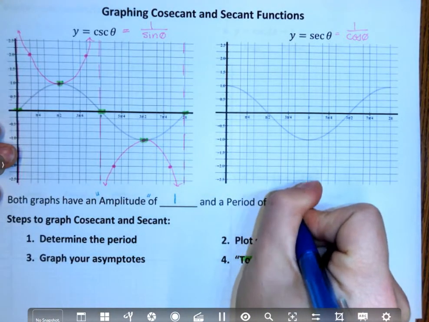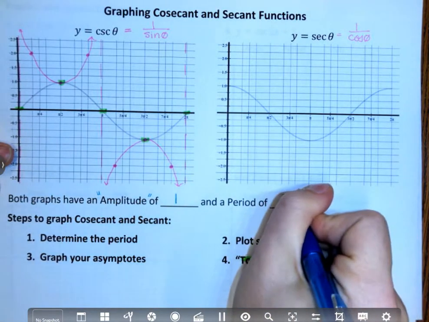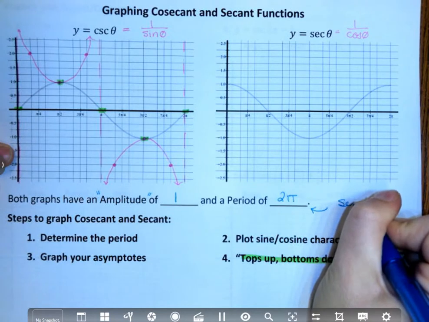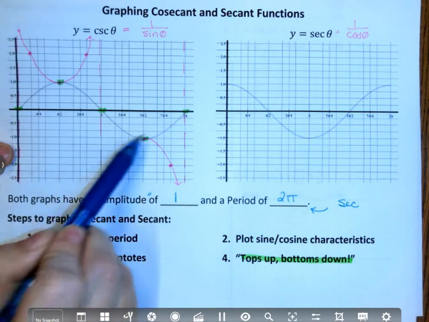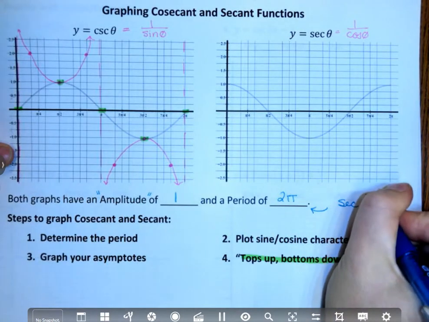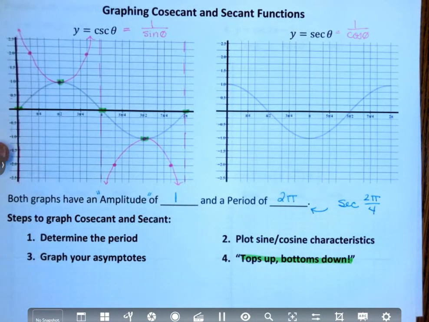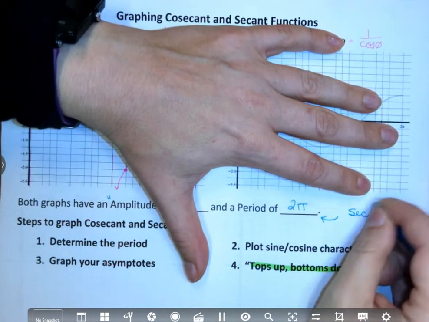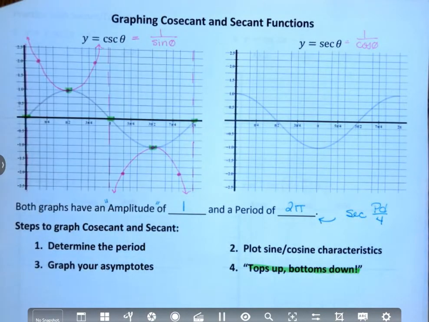So we're going to have the same thing for the cosecant and for the cosine. Which means that the sections, which determine where these middle, top, middle, bottom, middle points are, are still going to be the period divided by 4, or whatever your 2 pi over b was.